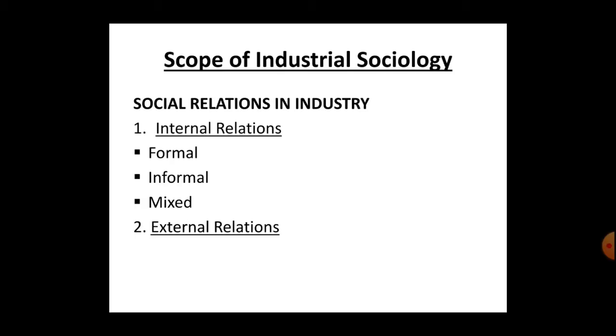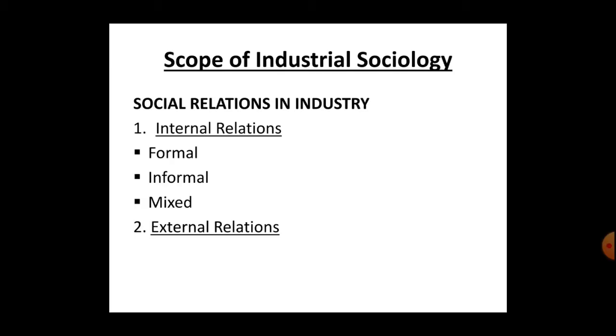So, most of the writers on industrial sociology have covered different aspects of industrial society like work groups, structure of industrial bureaucracy, internal organization, organization of trade unions and union-management relationships. In short, the subject matter of industrial sociology is human relations originating and developing on account of industrialization.